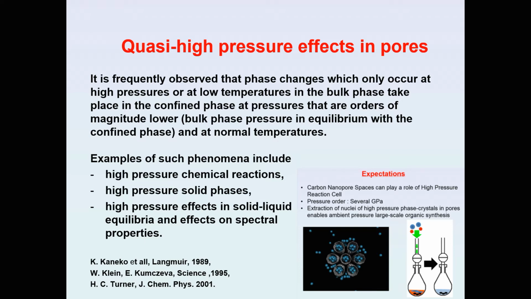It was shown that the rate of chemical reaction in pores is typical of the rate under high pressure, solid phases observed in pores are typical high pressure solid phases, and the spectral properties of the confined system are similar to the high pressure effect. So the expectation is that the carbon nanopore space can play the role of a high pressure reaction cell.